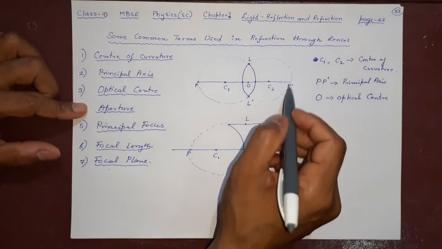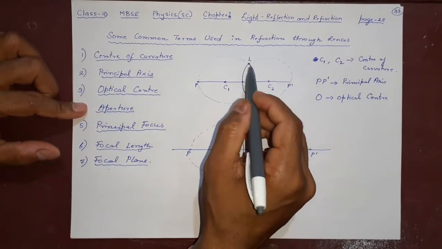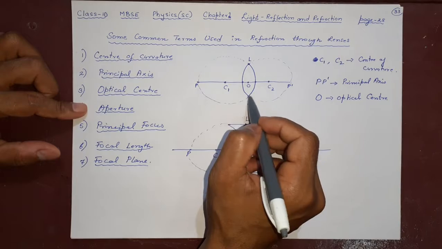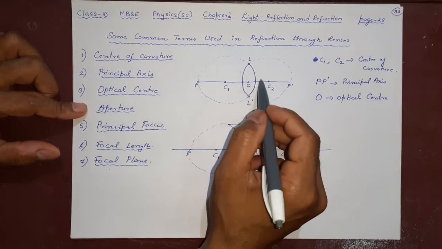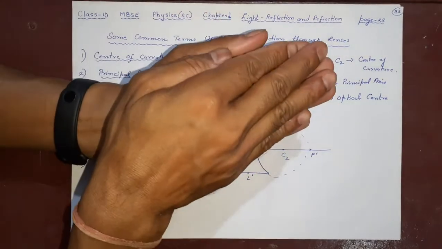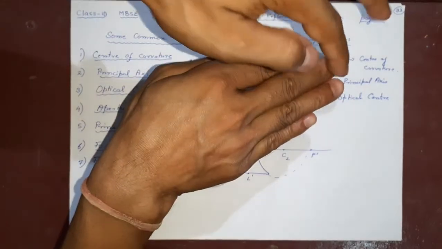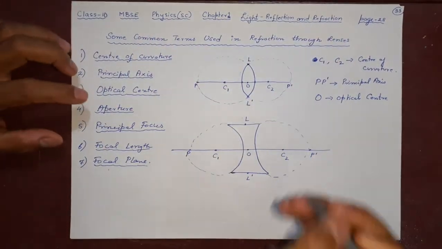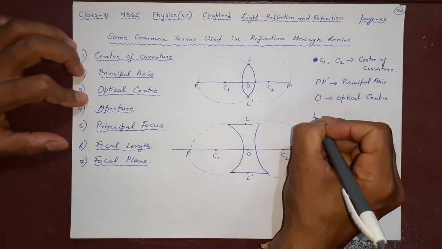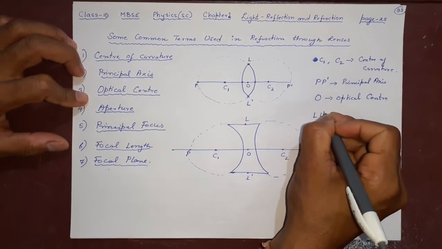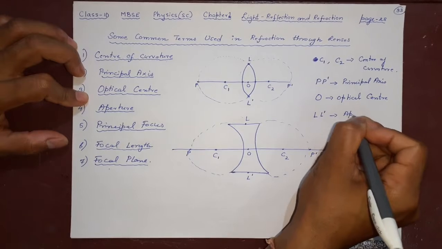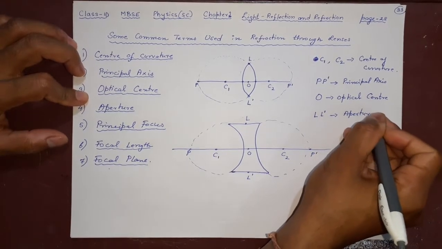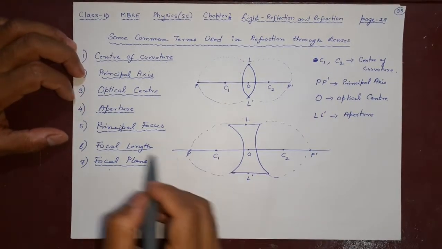Lens will look something like this, and this part will be called the size of the lens, or aperture. So this will be L dash. In both diagrams it is true, for convex also, for concave also.